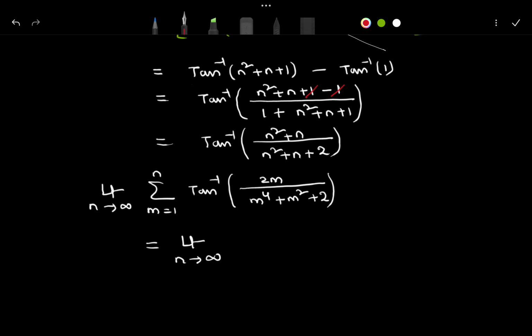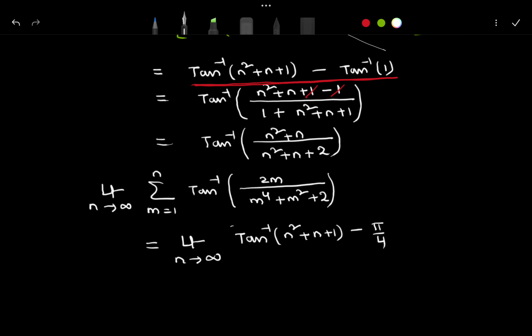So here you have that. What is the value of that? Tan inverse of n square plus n plus 1 minus tan inverse of 1. Now you substitute in this one. Tan inverse of n square plus n plus 1 minus tan inverse of 1, you know that is pi by 4.